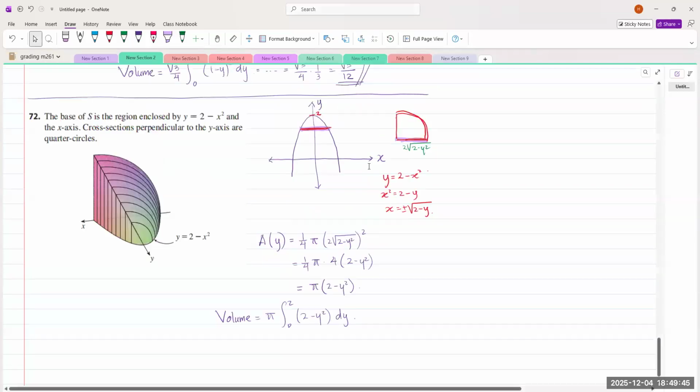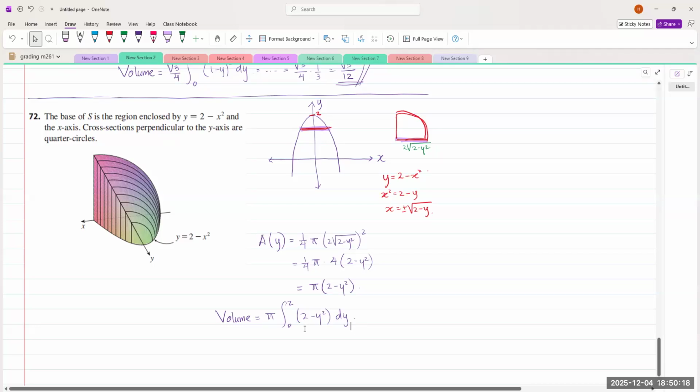Okay, I hope these examples here are good enough for you. If my explanation is not clear, slow down and try to do it on your own, right? But you will see the principle always starts with sketching the domain, and then when you do the cross section, see what the cross section looks like, so that you can find the area of that cross section before you get into the integral for the volume.